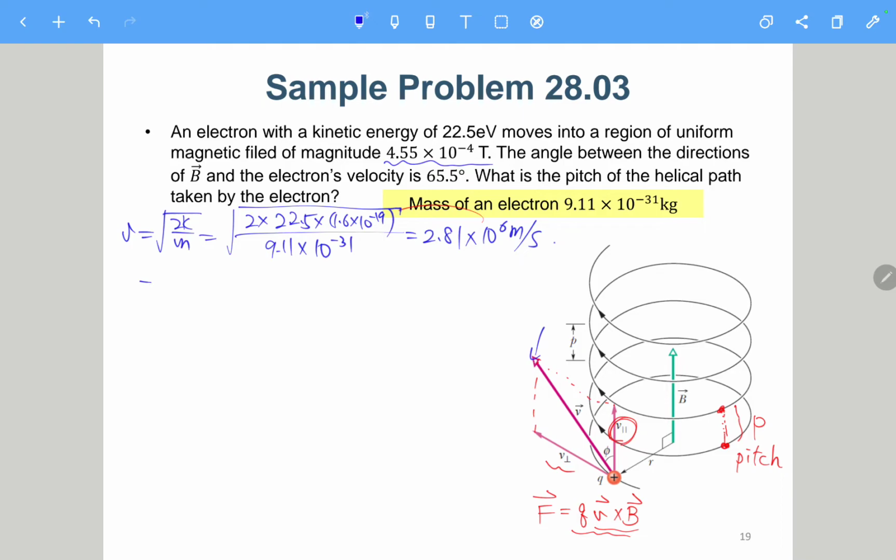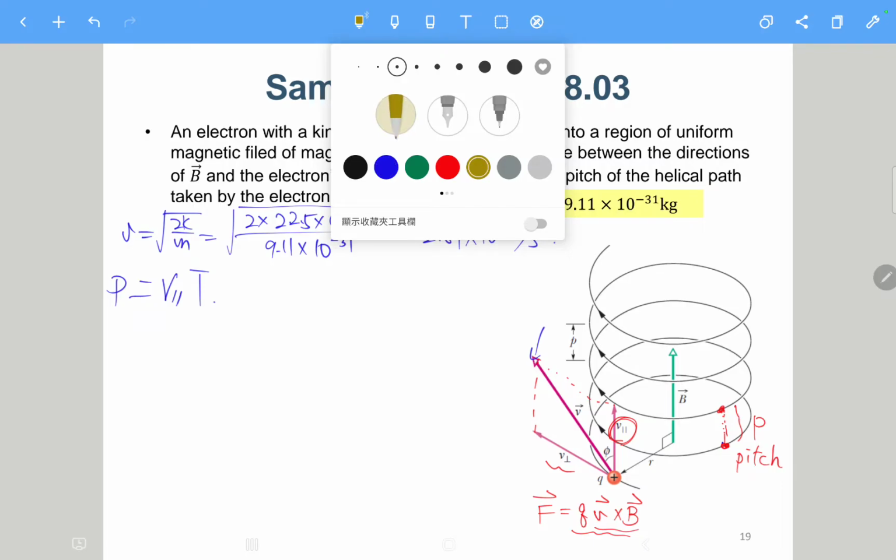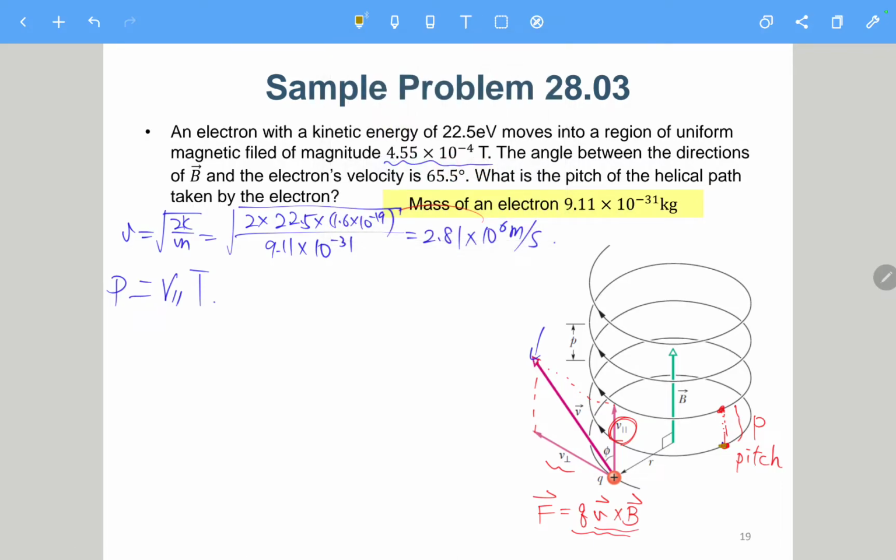So next we try to calculate the pitch. The pitch will be v parallel times the period for the circular motion, which means how much time it takes to go from here, it starts from here and goes this way, and then goes to this point.